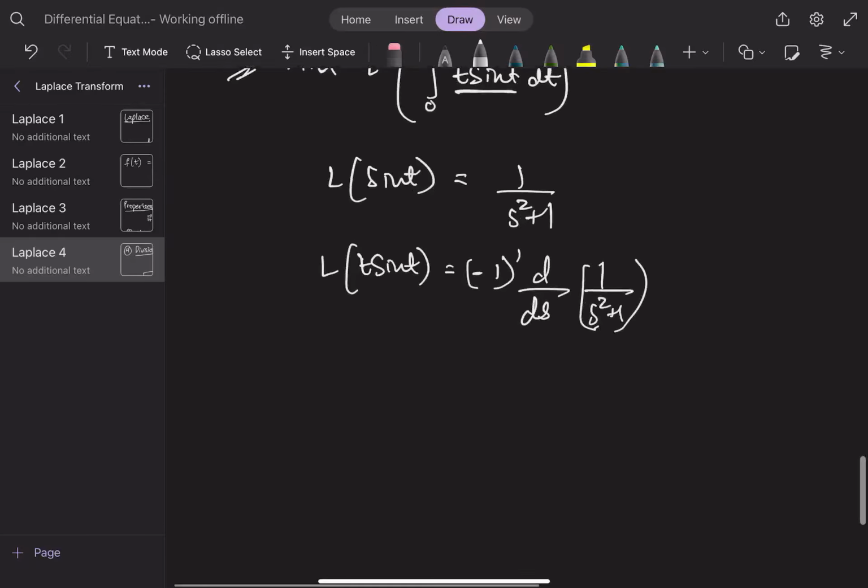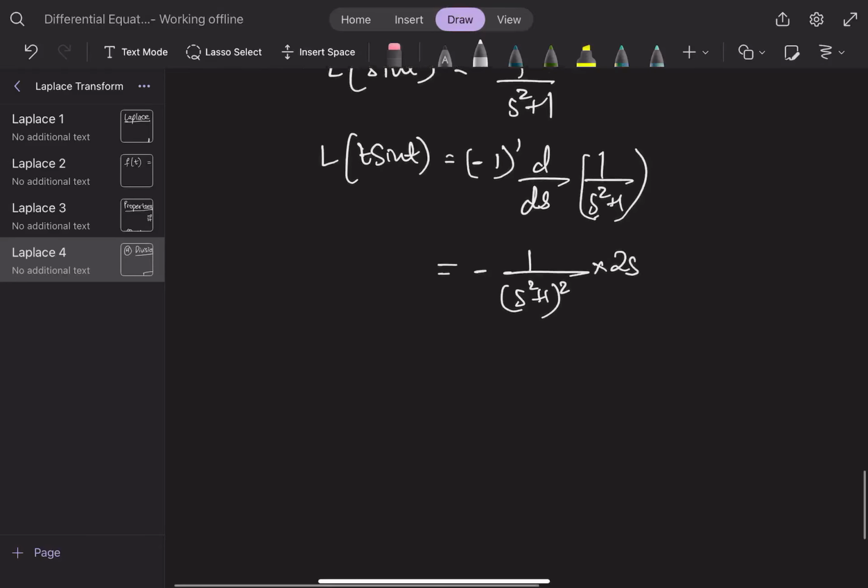This will give you minus 1 by (s square plus 1) whole square into 2s. So your answer becomes minus 2s divided by (s square plus 1) whole square.